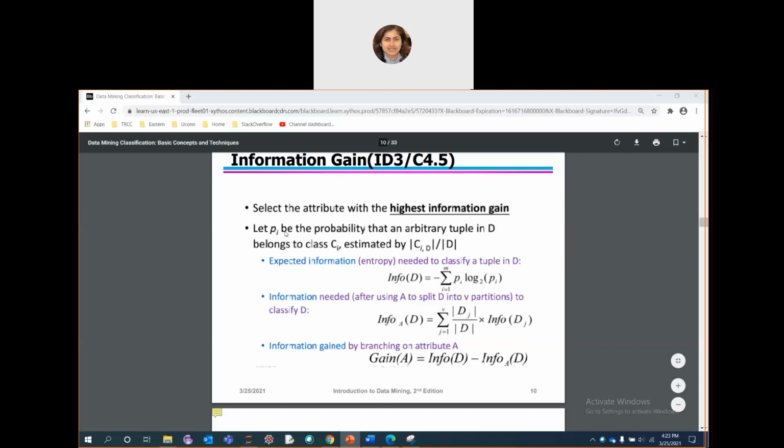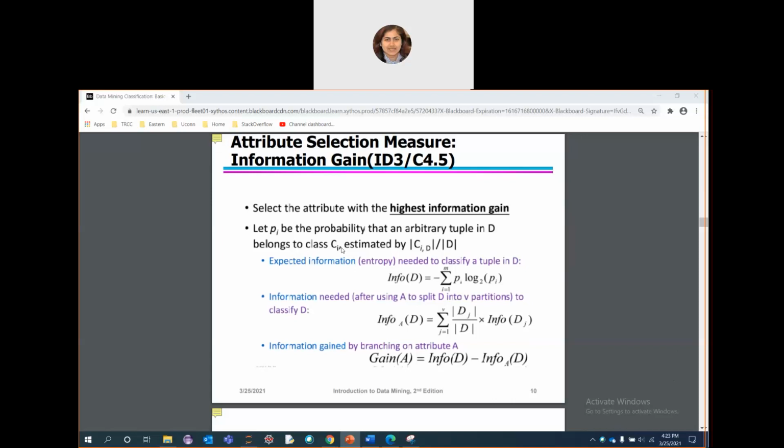Let Pi be the probability that an arbitrary tuple in the data set D belongs to a particular class Ci. It is estimated by |Ci,D| divided by |D|, the whole data set.